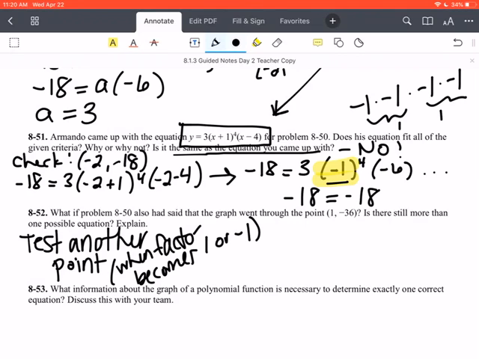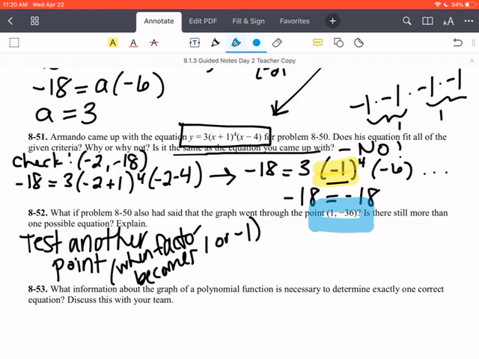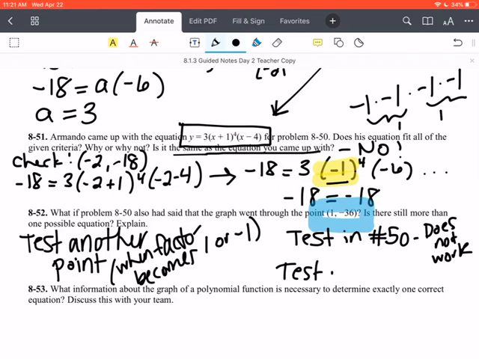Okay, so now if we would go ahead and use this other point and test it in number 50, we see that it does not work. But if we test it in number 51, which is right above, it works.